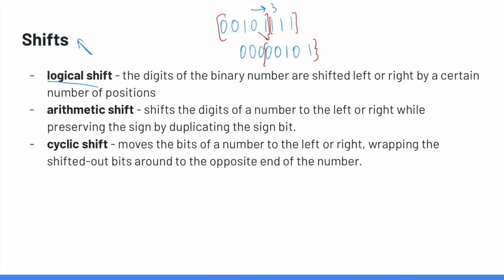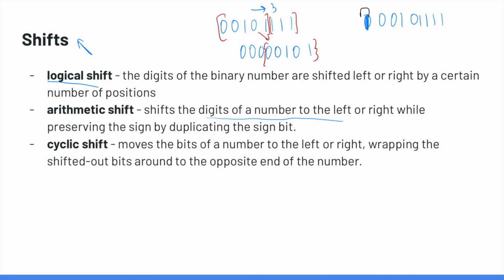An arithmetic shift is similar, but we're shifting the digits of the number while preserving the sign, duplicating the sign bit. So for example, if we had the same value, 0, 0, 1, 0, 1, 1, 1, but we had an additional sign bit, and let's make our sign bit 1, right?